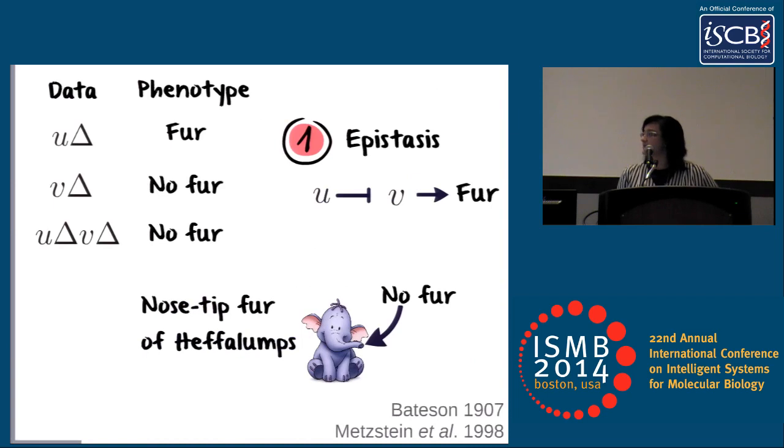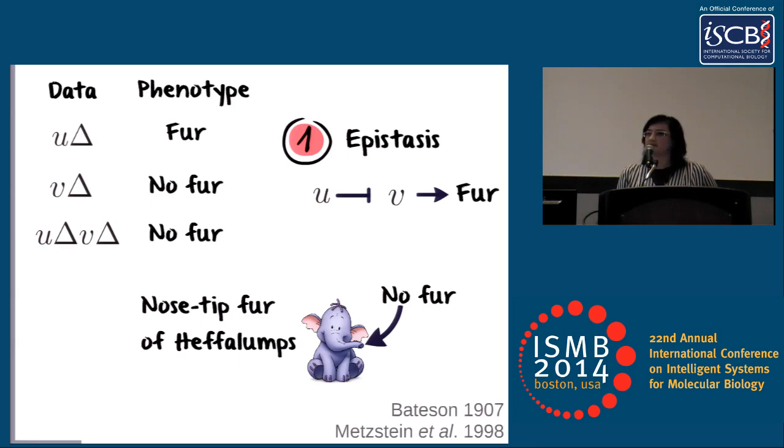Here we can see that gene V is the one that causes the fur phenotype, and gene U represses gene V, meaning that a mutation in gene U will result in failure to repress gene V, and thus we will observe the fur phenotype. This means that the simple model is consistent with our observation.